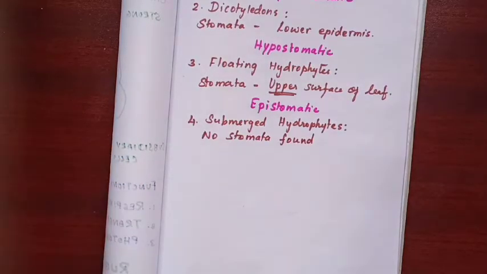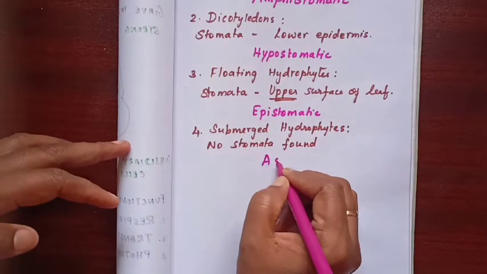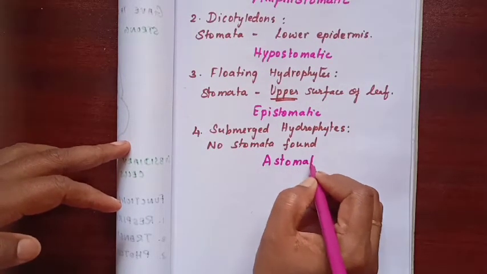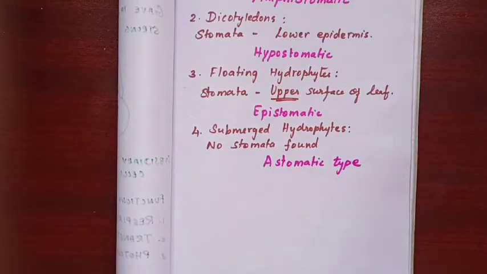No stomata found. So when we mark absent, we write it as A. So it is astomatic. So these are the different types of stomata based on placement.